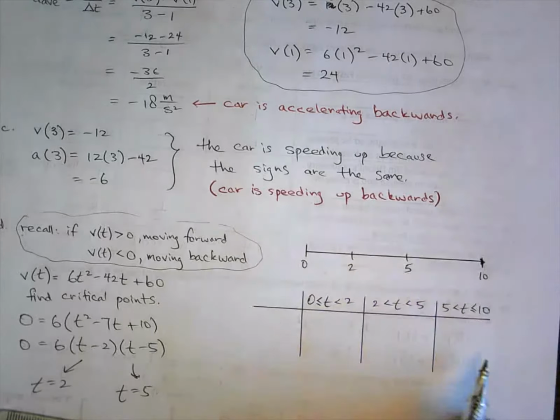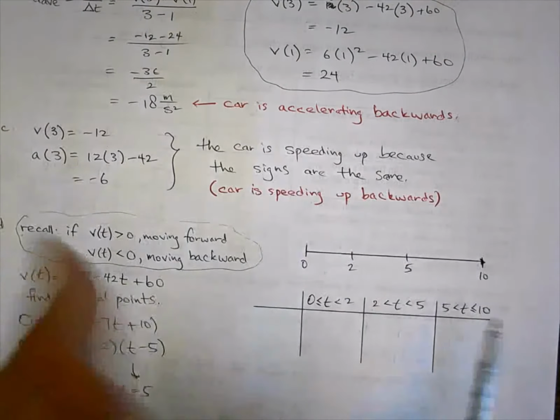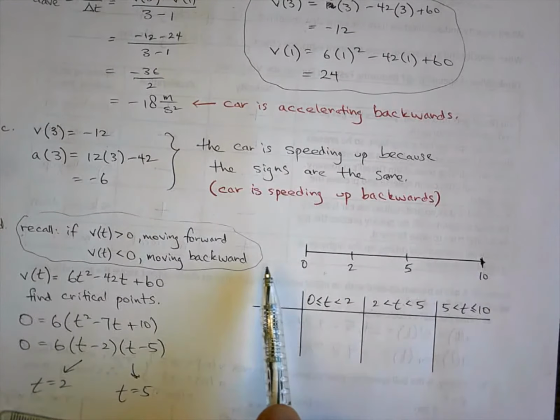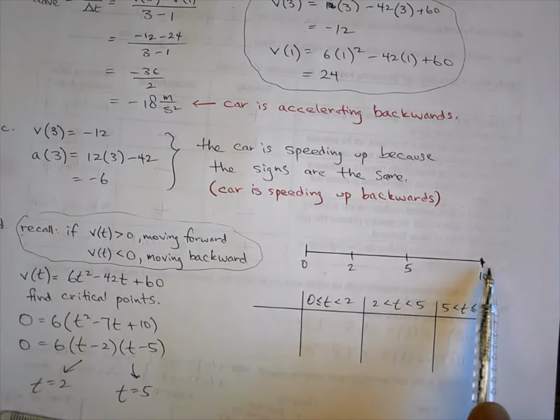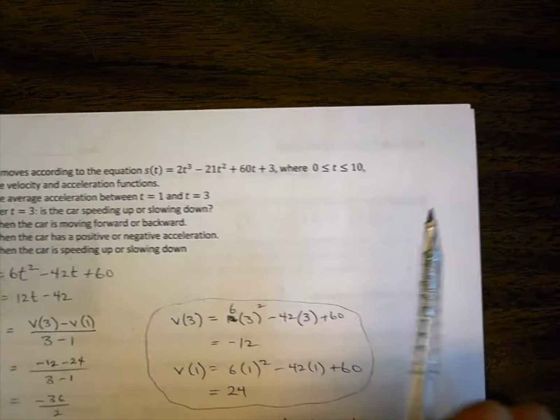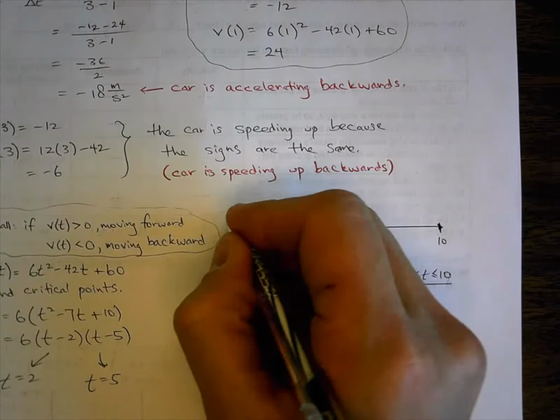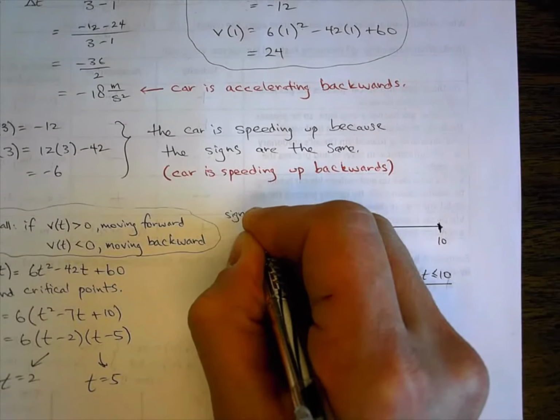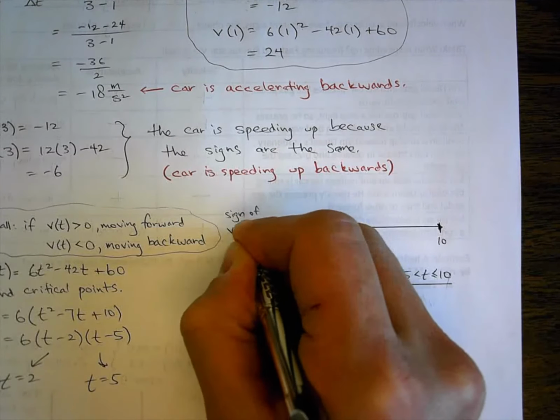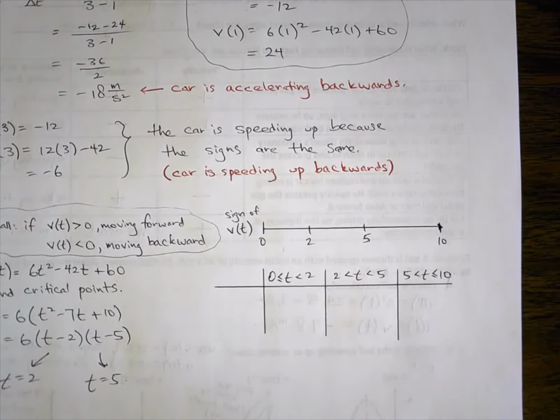Now, usually we don't have these endpoints, but time we know doesn't go negative, so you can't have a time less than 0. And we were told in the question that the time can't be any more than 10, so that's why I'm capping it there. What we're showing here is the sign of v at t. We're showing the sign of the first derivative.